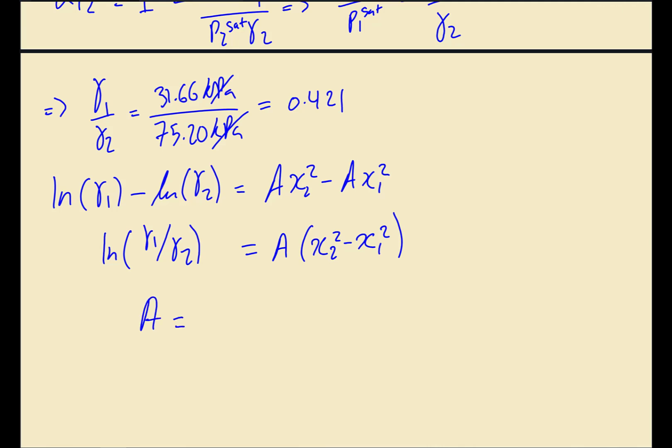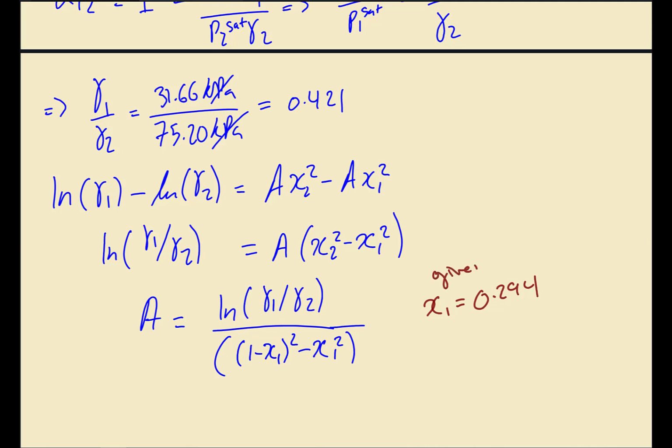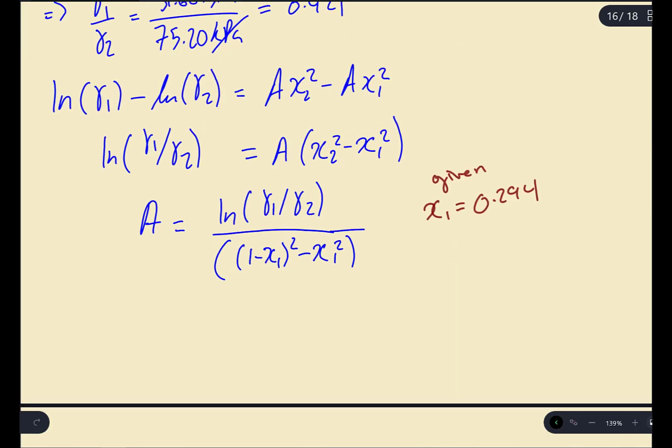We have A equals natural log gamma 1 over gamma 2 divided by x2 squared, which is also 1 minus x1 squared, minus x1 squared. So x1 was given as 0.294. We plug that in. We know the ratio of gamma 1 to gamma 2, 0.421. We do the math, we get A. In this case, A is going to equal negative 2.09975.